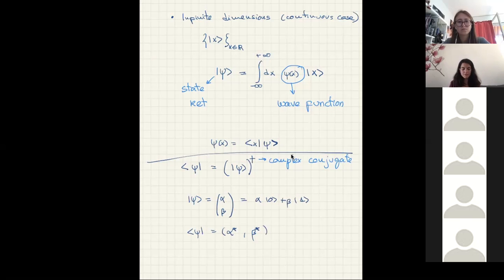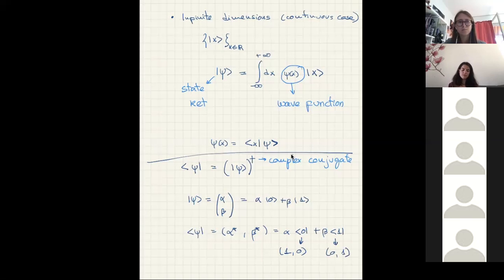So it's a line vector with the conjugate of the elements. Okay, and this can be written like this, plus beta ⟨1|, where ⟨0| is just (1, 0) and ⟨1| is just (0, 1).